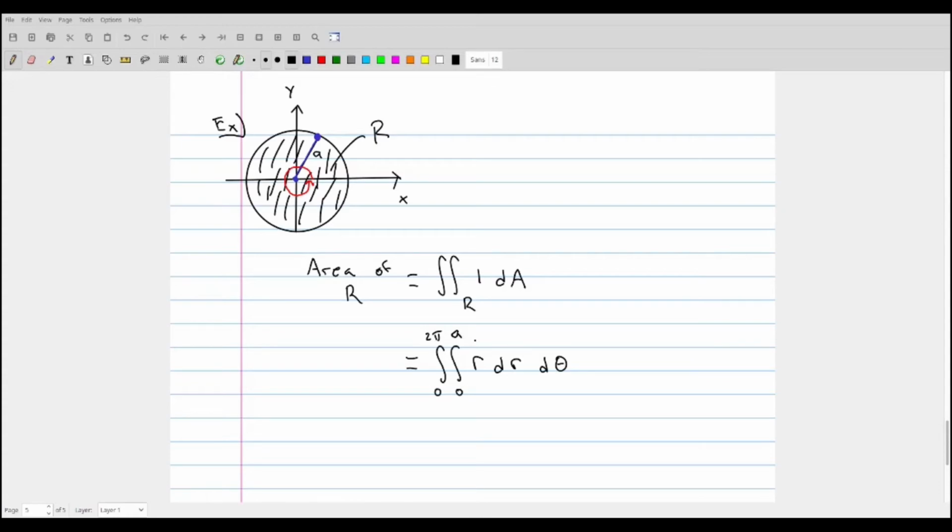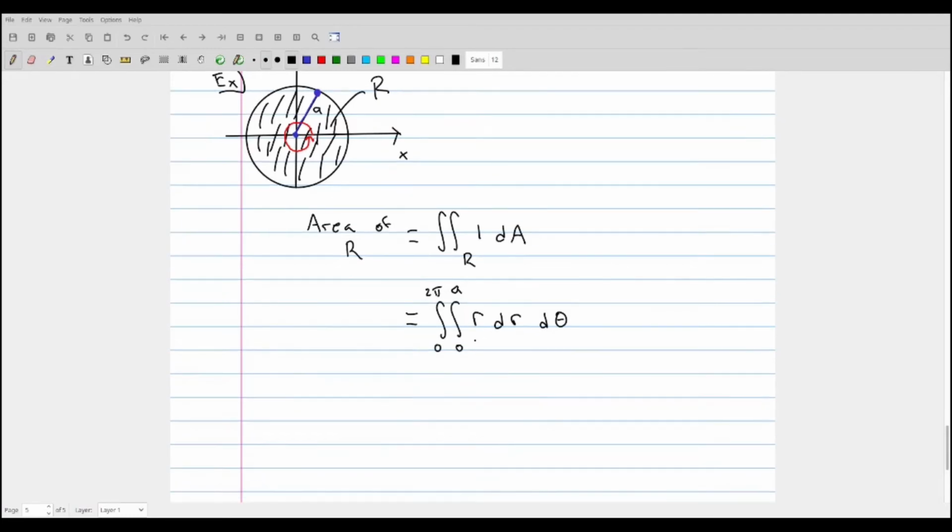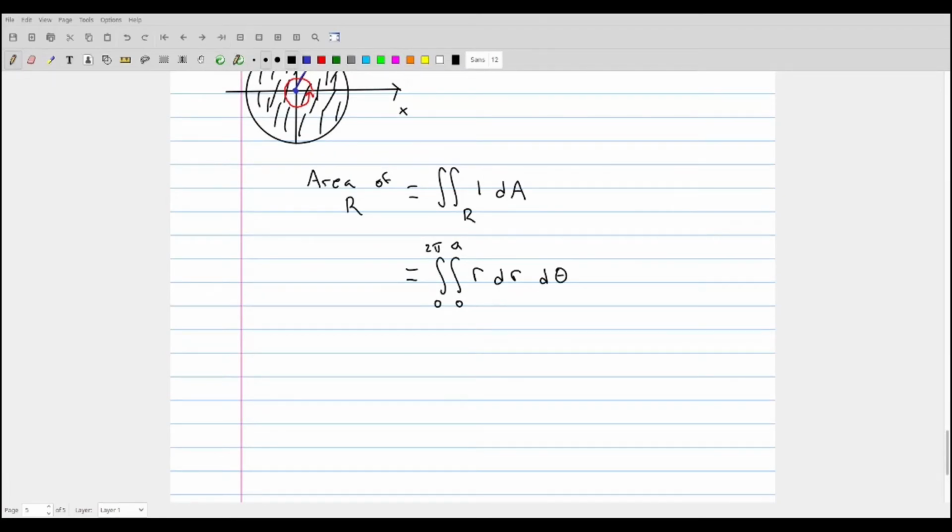So you can already see that the integral we have to evaluate is much simpler, and the bounds are also simpler. And if we go through and do this double integral, you'll see that the function we're integrating is also much simpler. The inner integral is the integral of r, which is r squared over 2 from 0 to a.